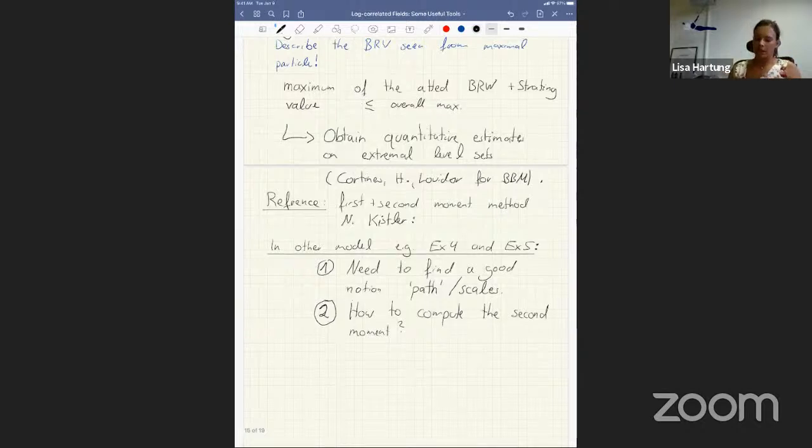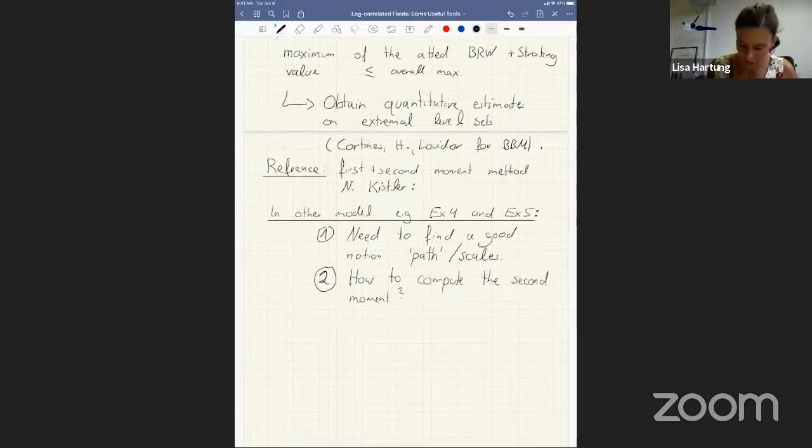There are ways to do these things, and one option, which sometimes works, is that you can try to compare your model to a corresponding branching random walk, where you somehow have to match the number of levels that you look at, so that it fits.